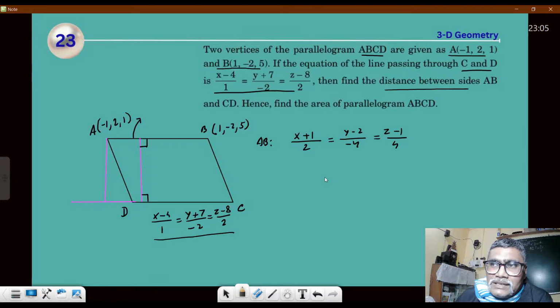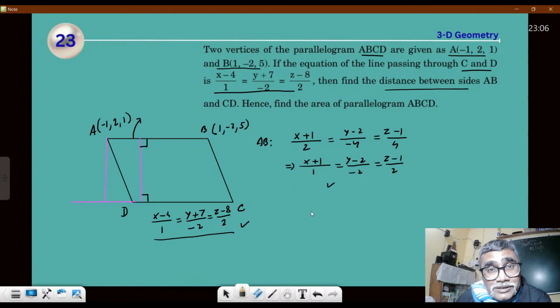Now you see these have some common factors. Because these are direction ratios, you can cancel that common factor, and you can observe that these lines AB and CD are parallel. So now you find the distance between this line and this line. Can you think of the formula for the distance between two parallel lines?